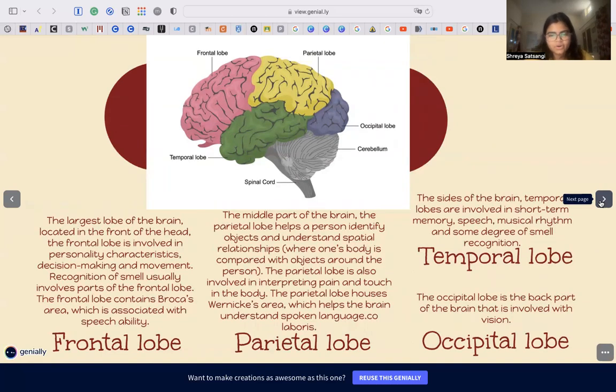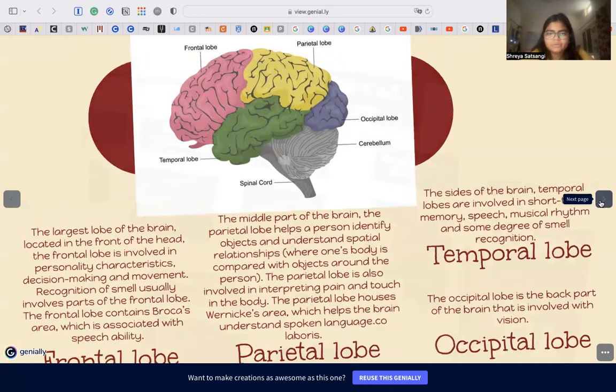The parietal lobe helps a person identify objects and understand things, spatial relationships, etc. These are the sides of the brain. Occipital is at the back, basically for vision, and temporal is for speech, music, rhythms, recognizing them, basically short-term memory.